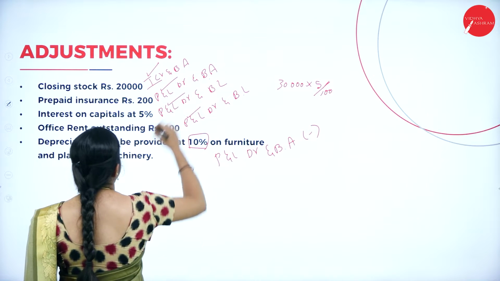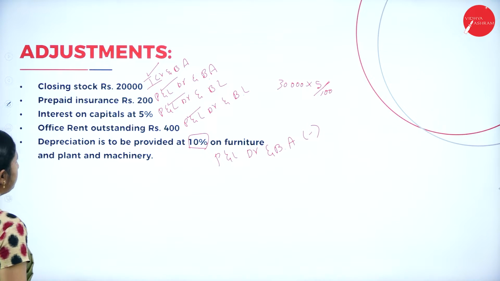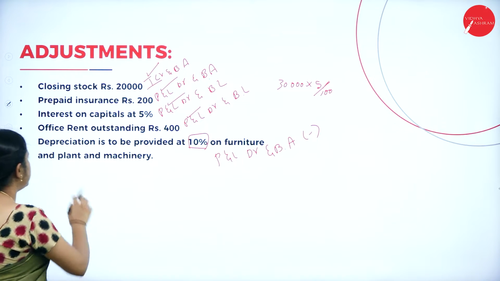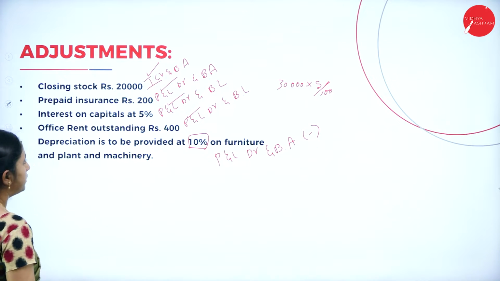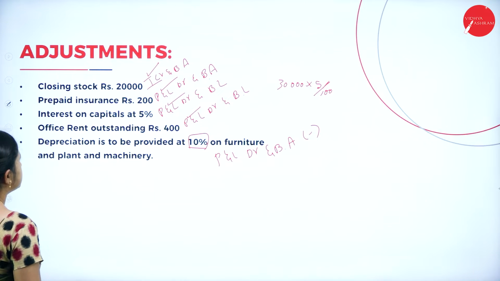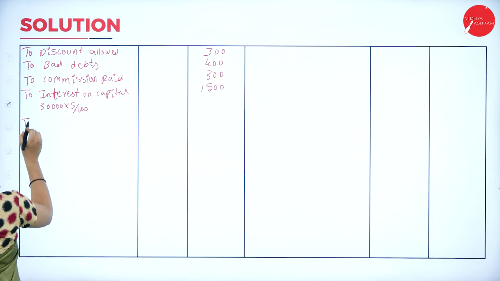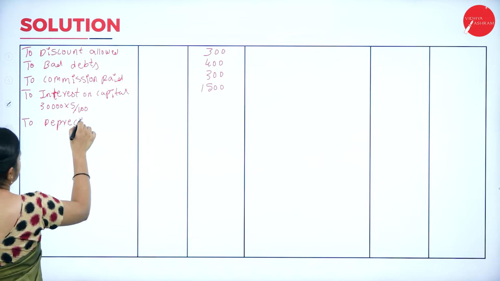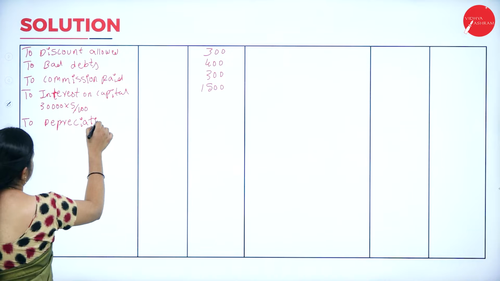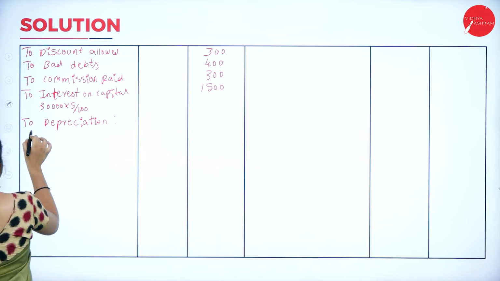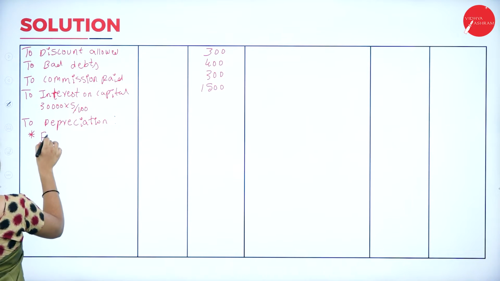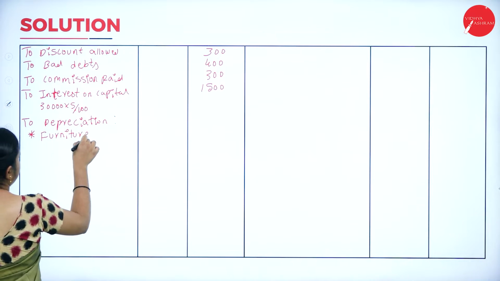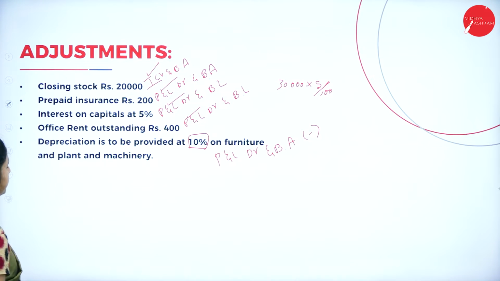We'll consider this. Again, depreciation is to be provided at 10% on furniture and plant and machinery. First, consider furniture. Give the heading depreciation. Under that, first furniture at 10%.